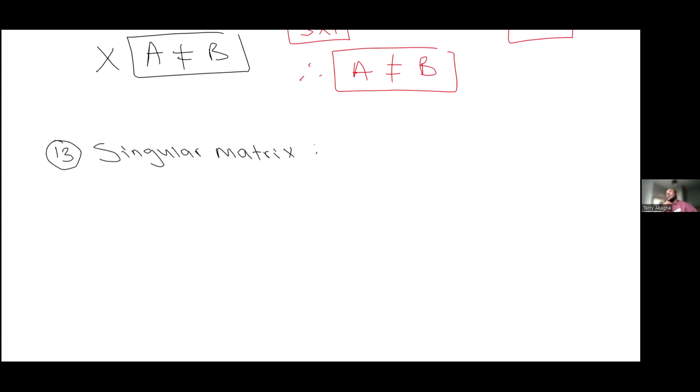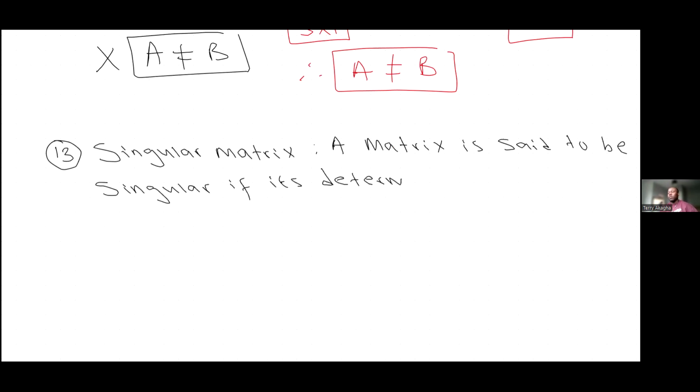I'm going to talk about how to find a determinant, but I just want to write this down here so that when I get to that point, I can just refer to this video for that.